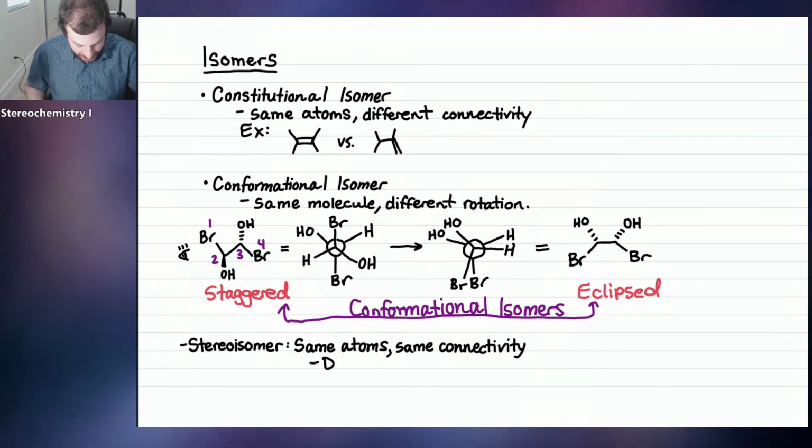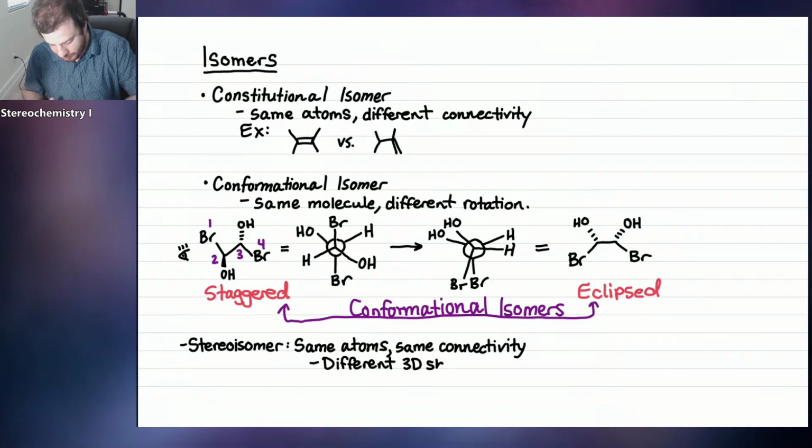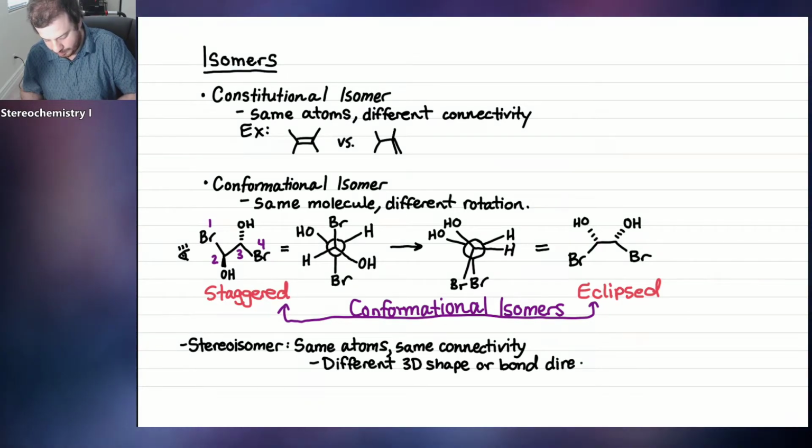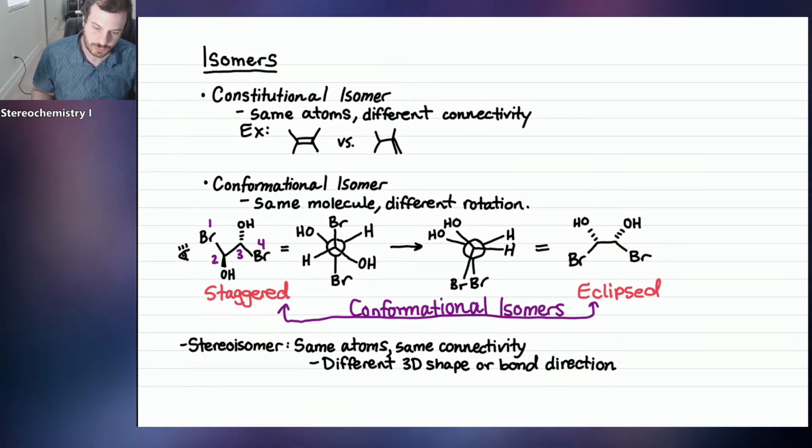So we'll say different 3D shape, or bond direction is maybe a better way to say it. Okay. One important factor about stereoisomers is that they cannot interconvert by a conformational change.